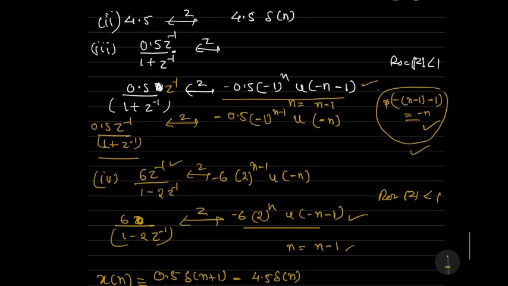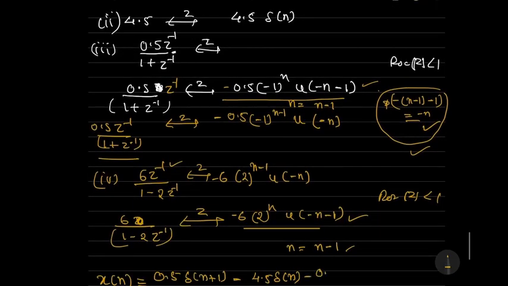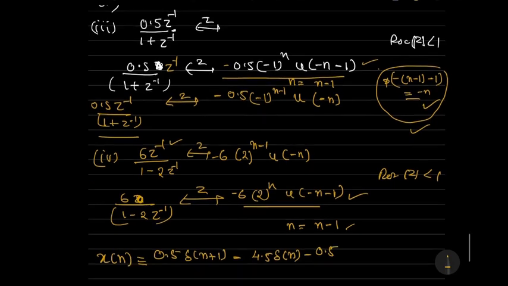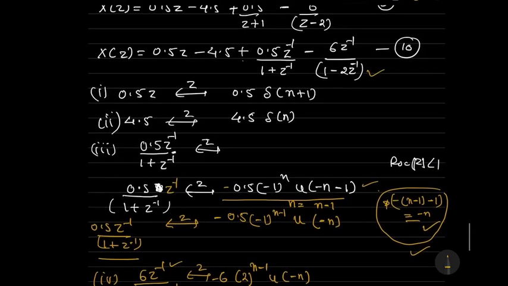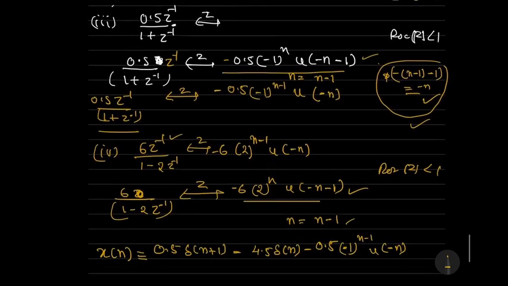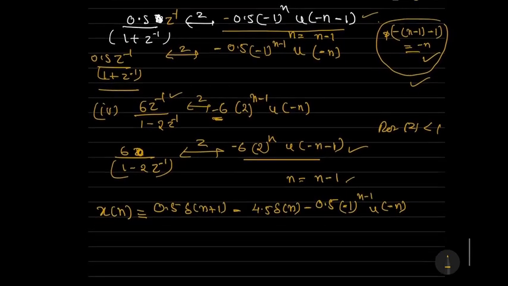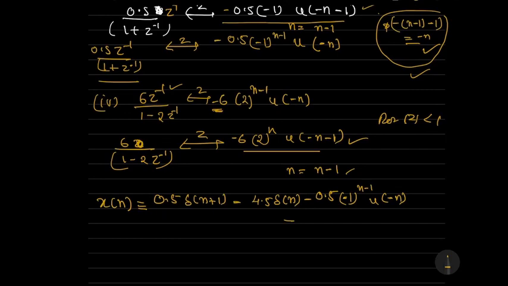Okay, so we will write here minus 0.5 times minus 1 to the power n minus 1 u of minus n. Okay, and for the fourth term, here we can see it is a minus sign, and the fourth term we have received also has a minus sign. So minus sign will become positive sign. So plus 6 times 2 to the power n minus 1 u of minus n. Okay, this is the result.